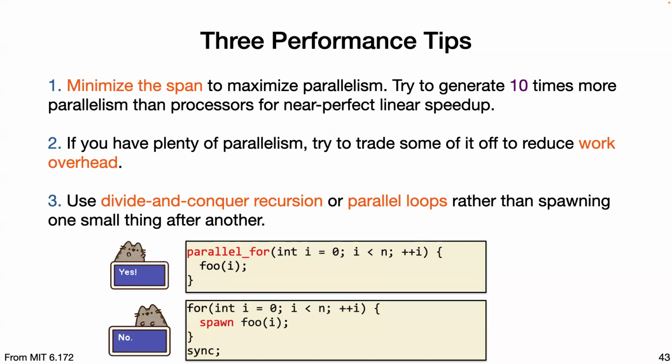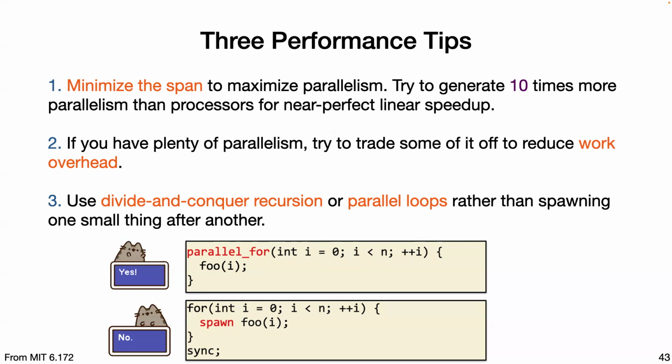So you should use this parallel for, not a serial for and then spawn, because the span of this is bounded by the above. That bottom is the logical classical code. Here each iteration is running in parallel.